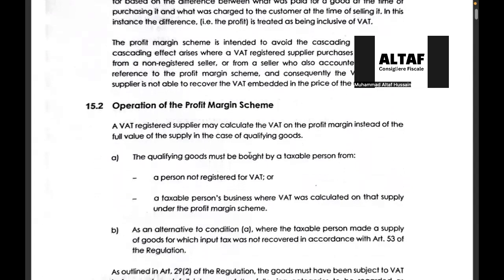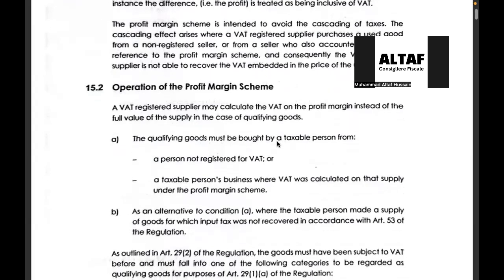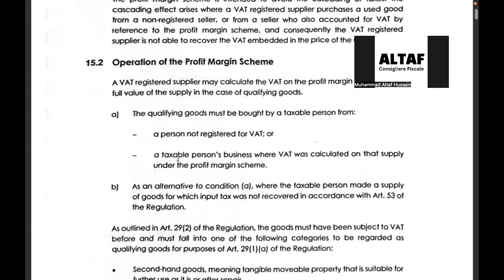Let's go through further. A VAT registered supplier may calculate the VAT on profit margin instead of the full value of the supply in the case of qualifying goods only. Now, qualifying goods must be bought by a taxable person from, first of all, a person not registered for VAT, or a taxable person's business where VAT was calculated on that supply under the profit margin scheme.